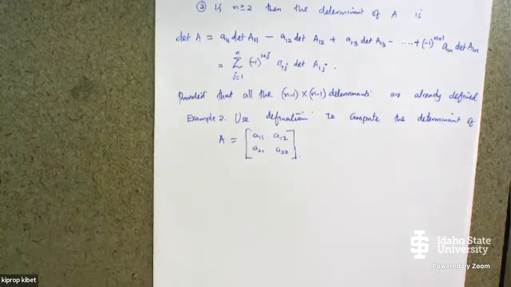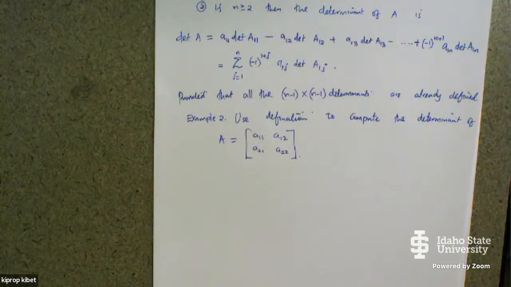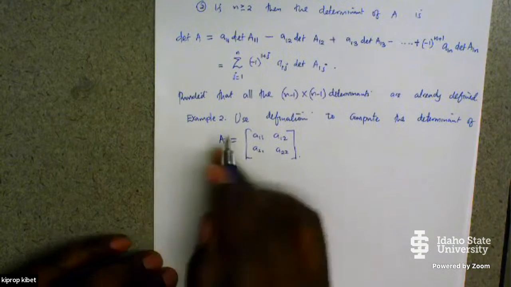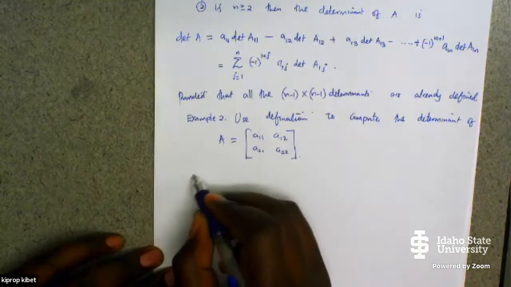So how will you use that definition? Basically, we take A11 and the determinant of its submatrix, where we delete the first row and the first column.